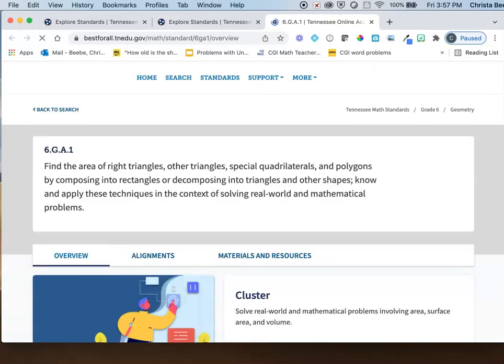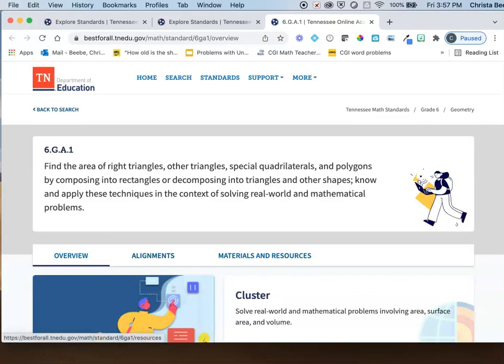Let's take a closer look at this standard. All right, so when I look at this standard, it requires that students find the area of a variety of shapes, such as triangles, special quadrilaterals like parallelograms, and other polygons like pentagons. The only shape in the assignment that I'm looking at are rectangles.